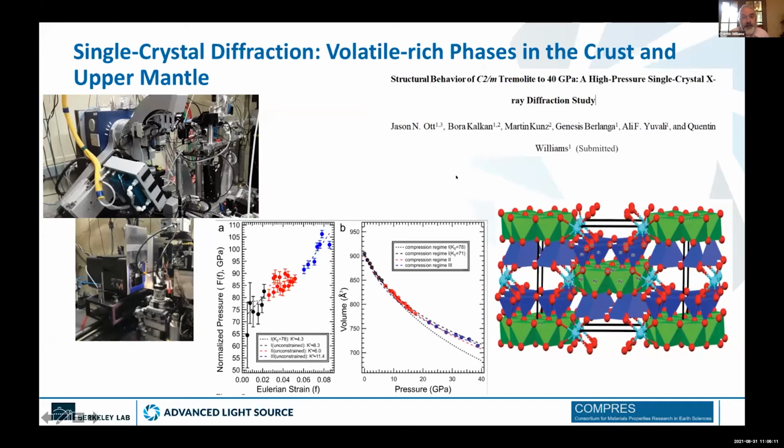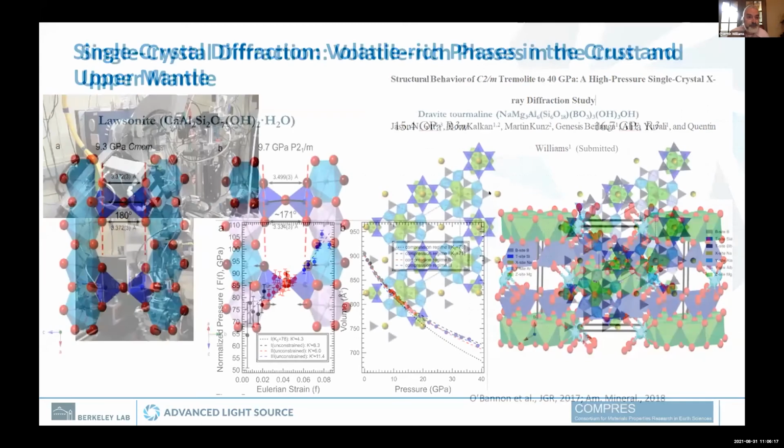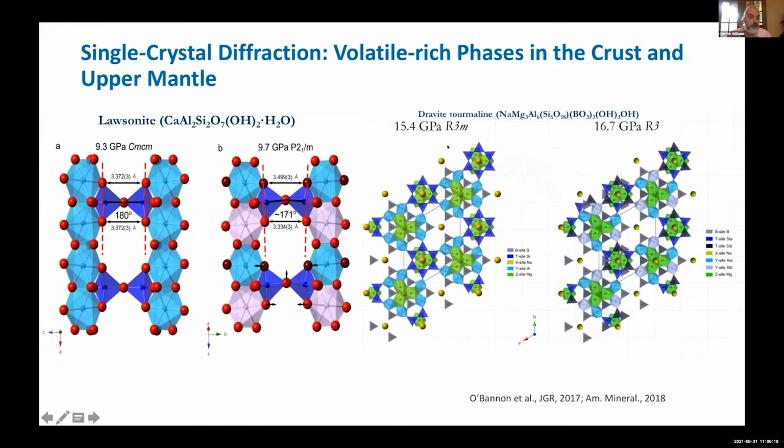And we've had considerable success at getting excellent single crystal diffraction data at these pressures. Other phases that we've looked at in the past include lawsonite, which is probably the dominant carrier of water within hydrated basalt into Earth's upper mantle. And there's a well-known phase transition in this material, which had been known for 20 years, but had not been successfully indexed until we did it a few years back.